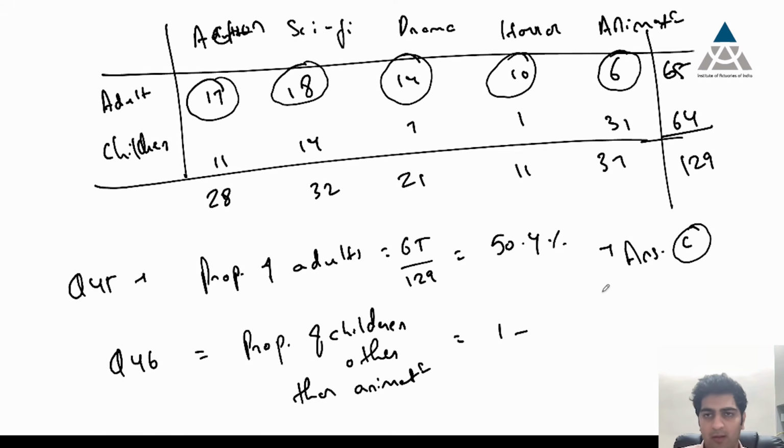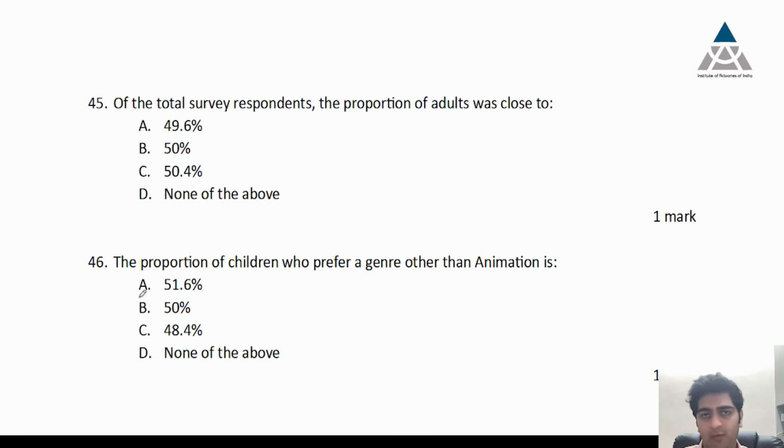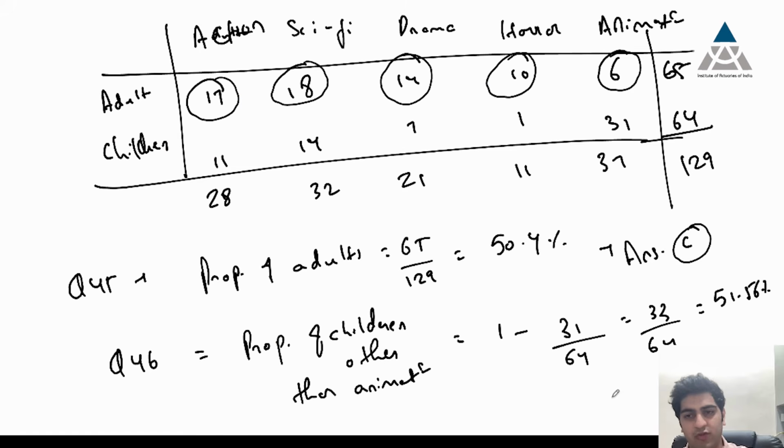So that is 1 minus 31 by 64, which is obviously 33 by 64. You can just cross multiply and get this, and 33 over 64 is simply 51.56%. Do we have this option, 51.56 or 51.6%? And the answer is yes, it's option A, which is again your correct answer. So 51.6% of children prefer a genre other than animation.